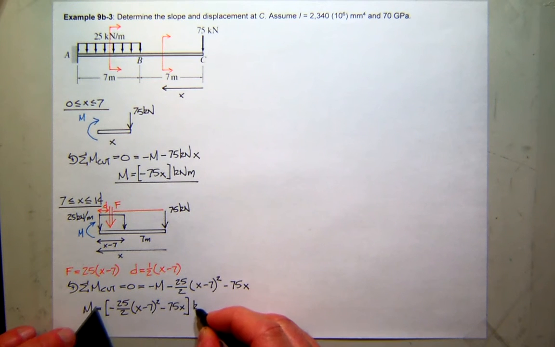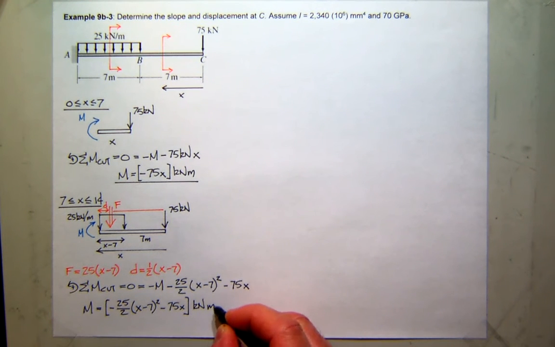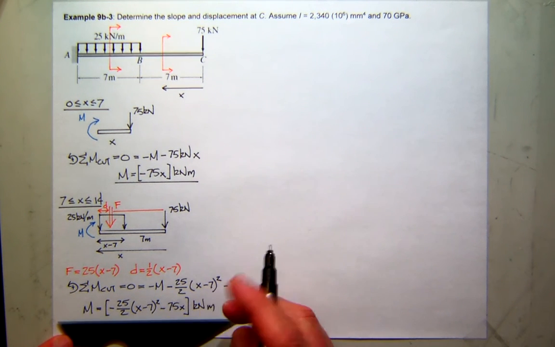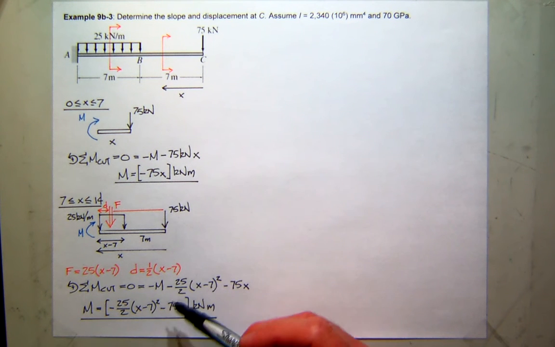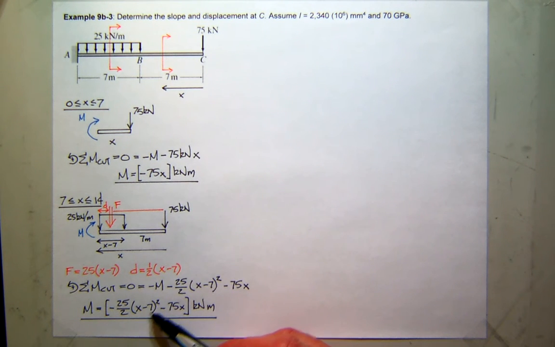And that has the units of kilonewton meters. So not horrible. We might expand this later. When you expand this term, obviously you'll get some x terms, and you can maybe cancel or combine those together. Let's hold it for right now. So any questions about that? We're about a third of the way through.